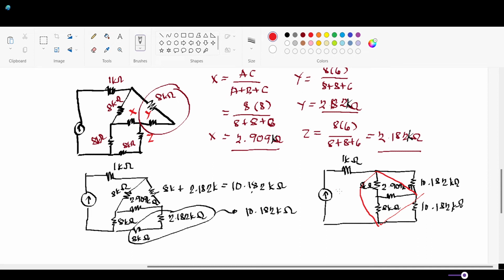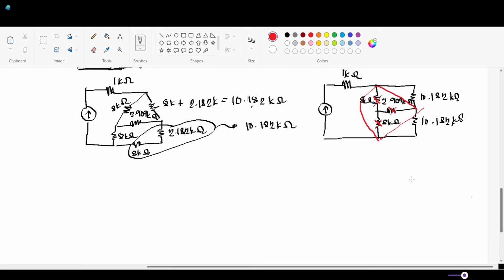Alright, so ibig sabihin, mawawala na to, ito, at ito. And it will become like this.